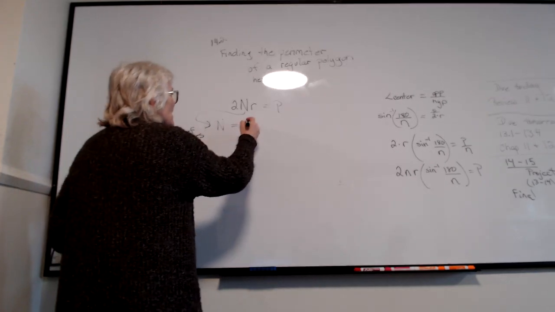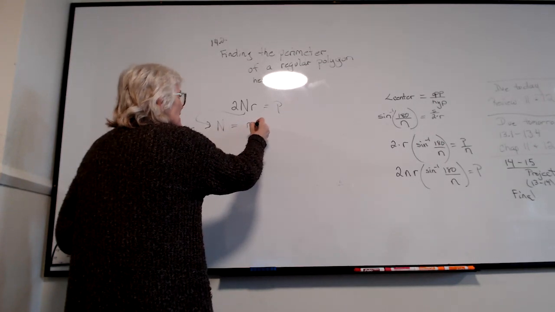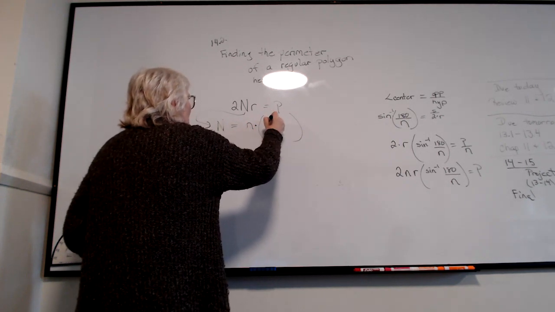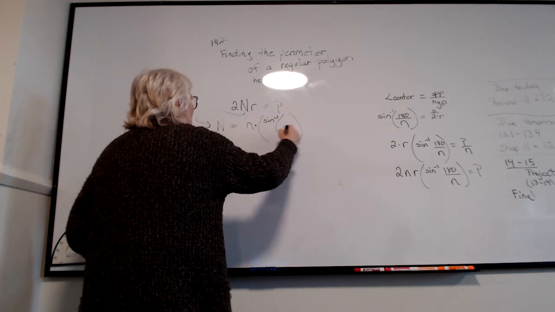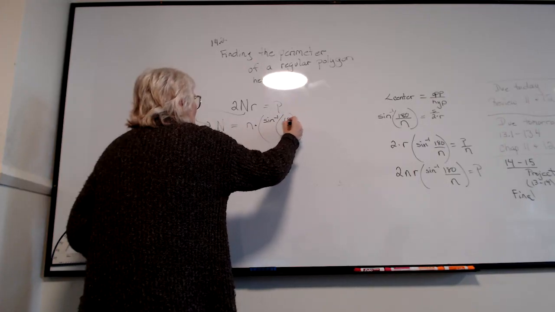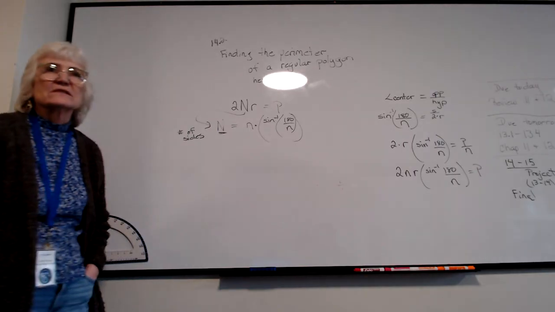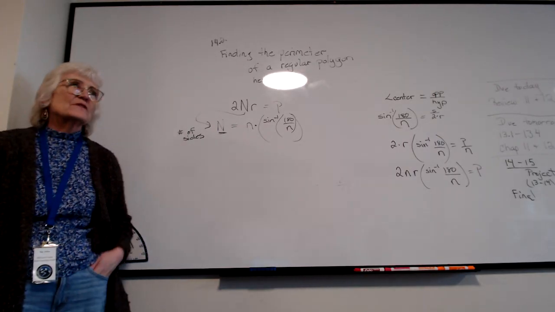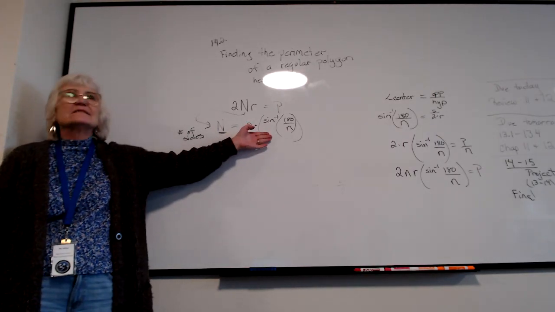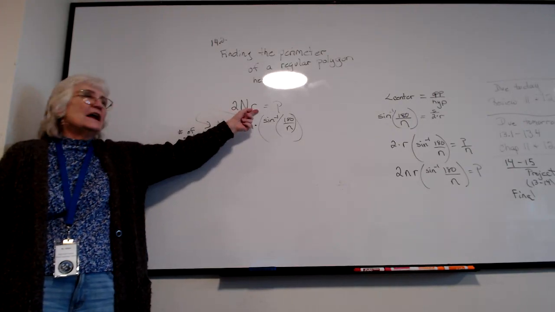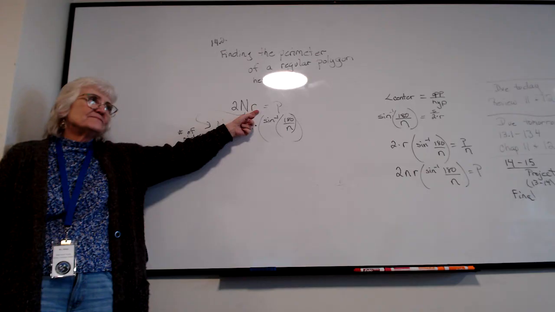What we put in there is n times the inverse sine of 180 over n. So we can find capital N just based on the number of sides. You plug that in, multiply it by 2, and multiply it by the radius.